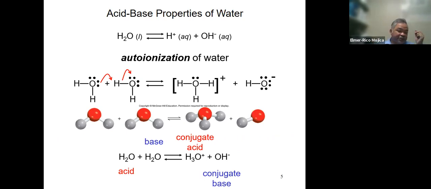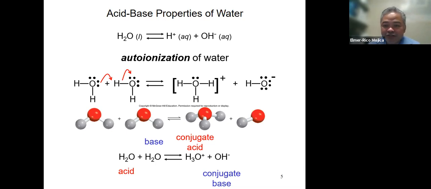The water that gives up the hydrogen became the conjugate base because it lost the hydrogen. The one that accepts the hydrogen, that's the base, becomes the conjugate acid because it has accepted one more hydrogen between the two.